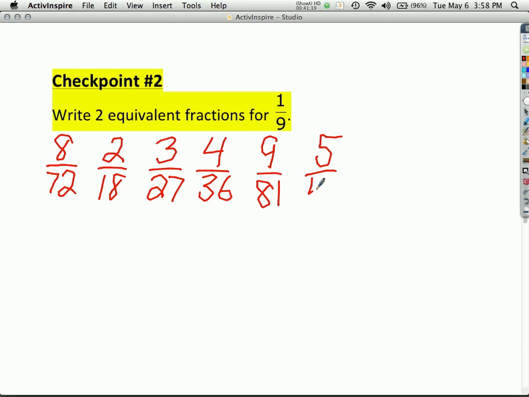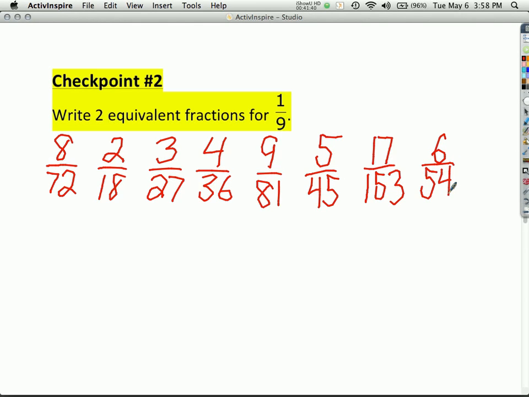Stephen? 5 over 45. David? 17 over 153. That's 90 and 63. Yep, that works. George? 6 over 54.